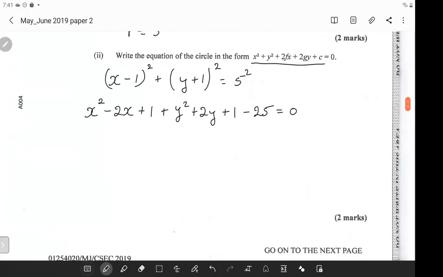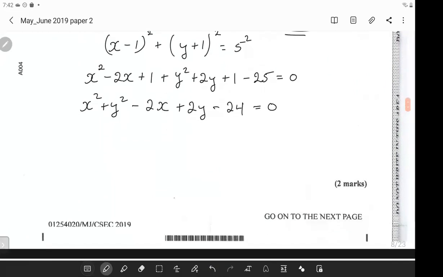So we can simplify, so we get x squared plus y squared. We want it in this exact form, so they want the x term now, so we have minus 2x plus 2y, and 1 minus 25 is negative 24, and that is equal to 0. And that is our form that we require. Notice that that is exactly what they have here.